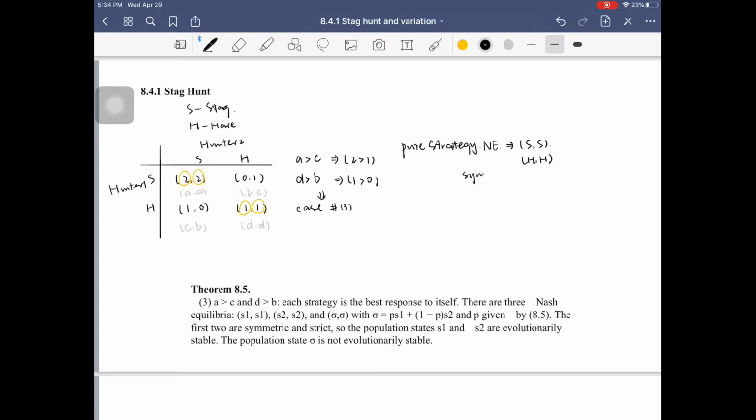For symmetric, the definition is pi 1 S I equals pi 2 S I. And both of them are strict Nash equilibria. So we can say that both of them are evolutionarily stable.